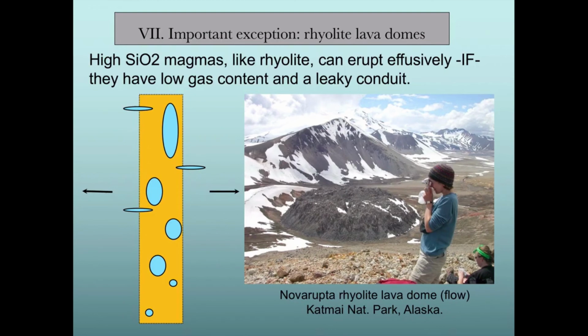So like Novarupta Rhyolite Lava Dome here in Katmai National Park, that was the last phase of a highly explosive eruption from this volcano. And the violent eruption that preceded the lava dome formation probably got rid of a lot of the gas from the magma, as well as fractured up the conduit underneath to allow the rest of the gas from that magma to leak out.